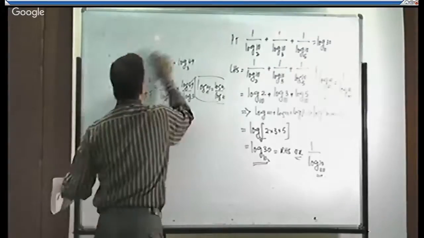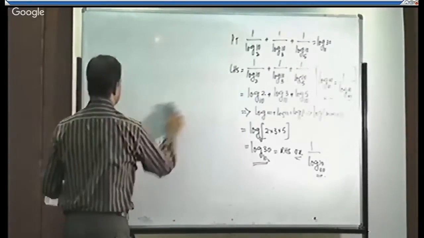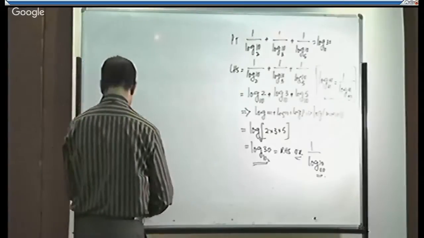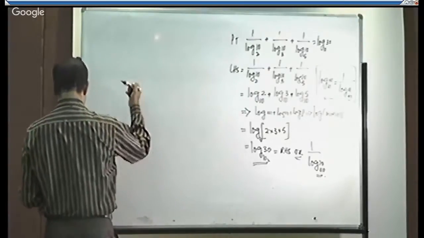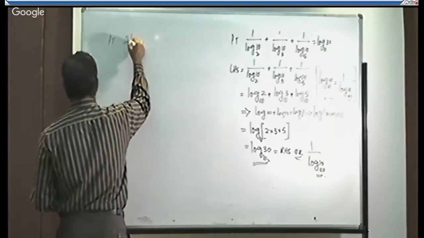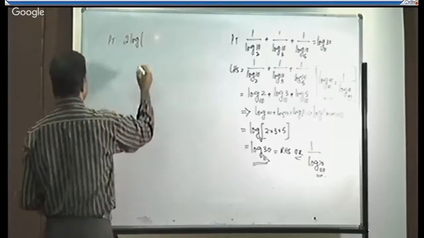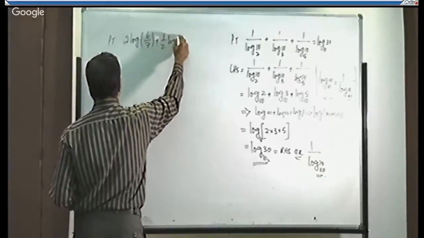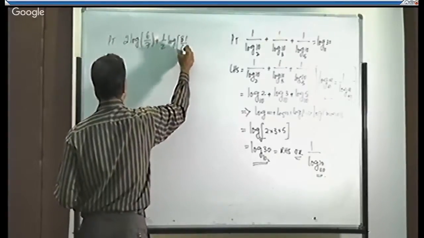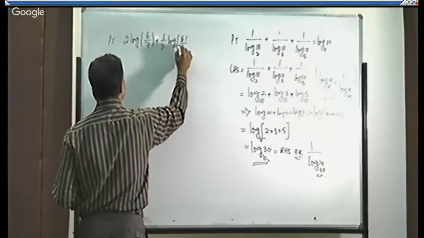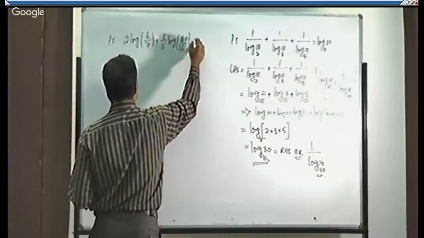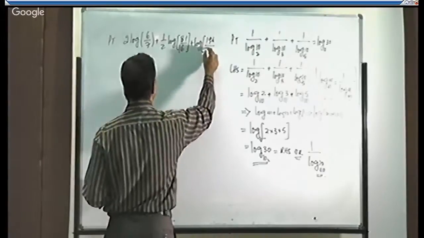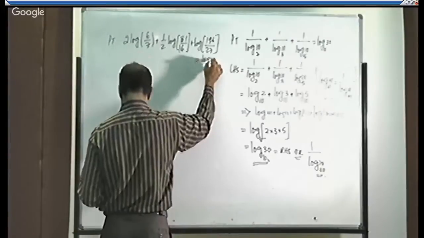Next, let us go to the other problem. Prove that 2 into log of 6 divided by 7 plus 1 by 2 into log of 81 divided by 16 plus log of 196 divided by 27 is equal to log of 12.